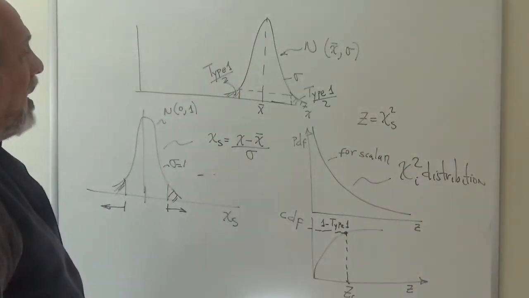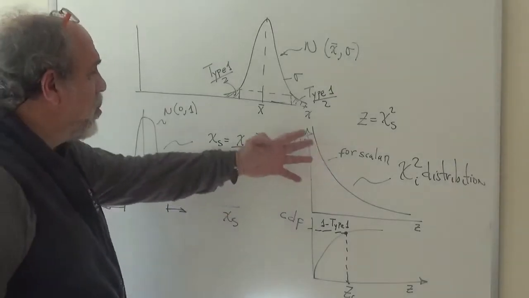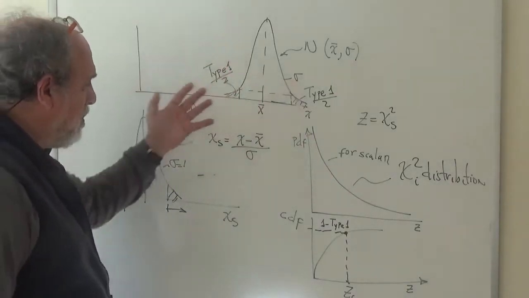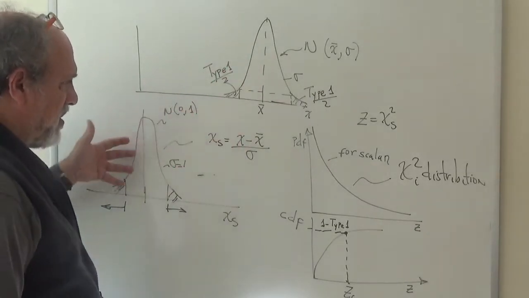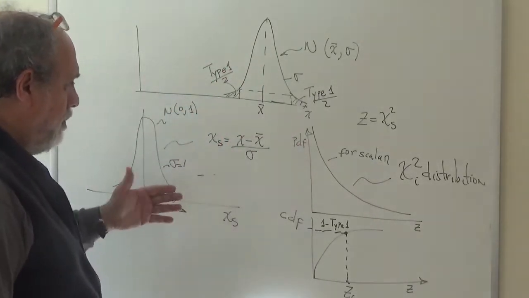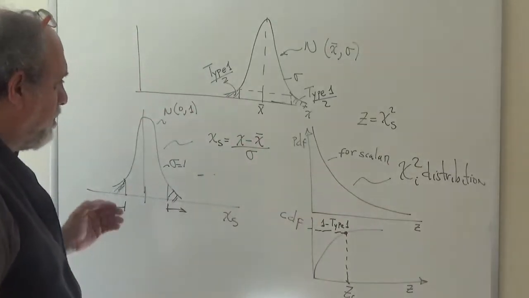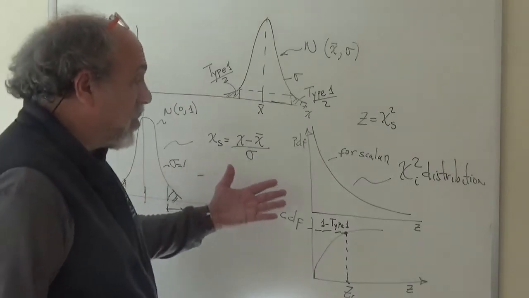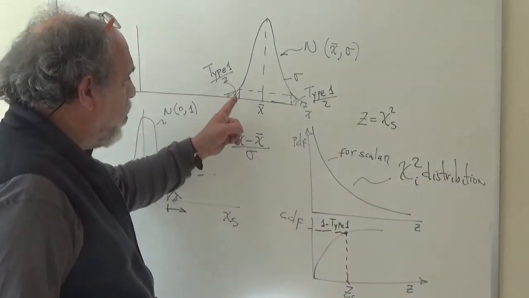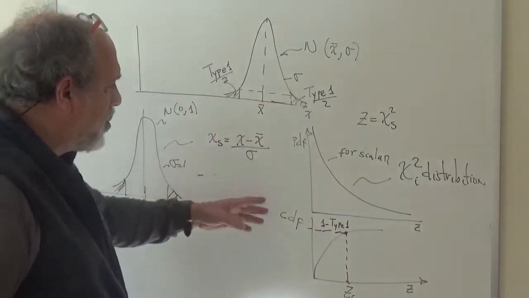Okay? The chi-square distribution, as you can see, is intimately connected to the standardized Gaussian, because we just took the standardized Gaussian and squared it. And look at the PDF again. Since it's systematically related, we suspect that anything that we can see here, we can also see here.